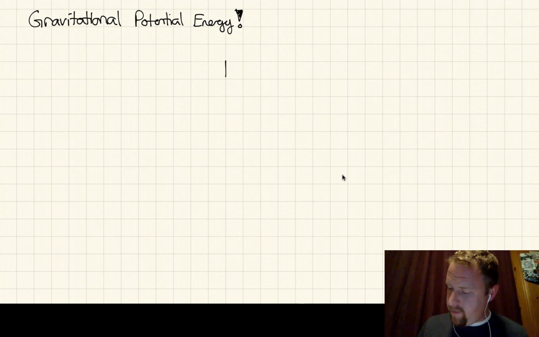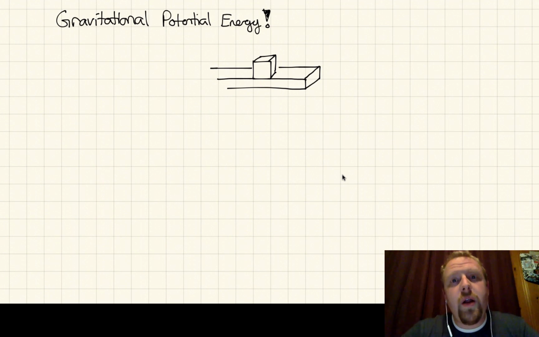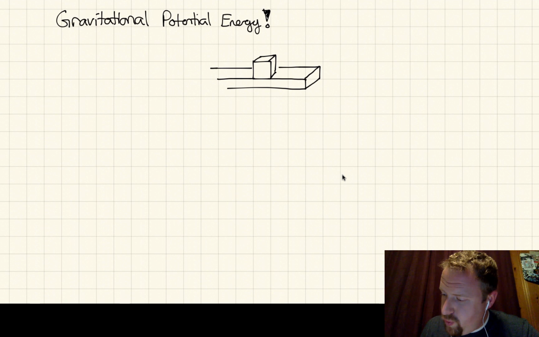Let's say that we have a cube, and that cube is sitting on a shelf. So let's talk about this cube on a shelf. Let's say that the cube falls off the shelf. It kind of goes, whoo, falls off the shelf.